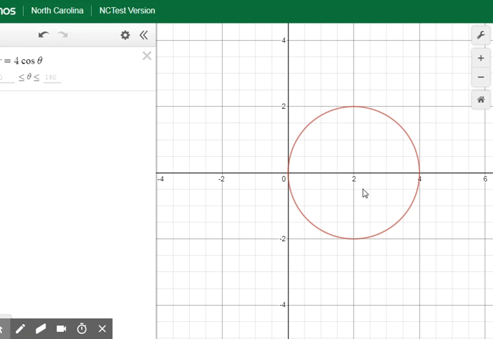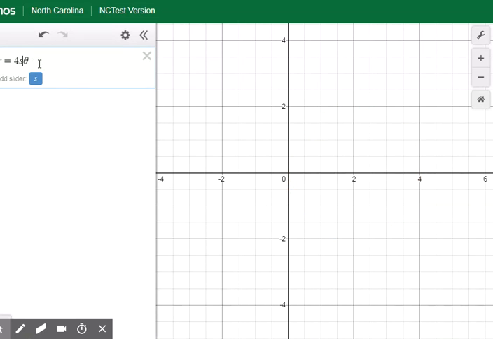So it's pretty easy to observe what we came up with when we converted the equation. We said that the center was at 2, 0, right there, and it has a radius of 2. So it's very, very powerful here to help you check your conversions.